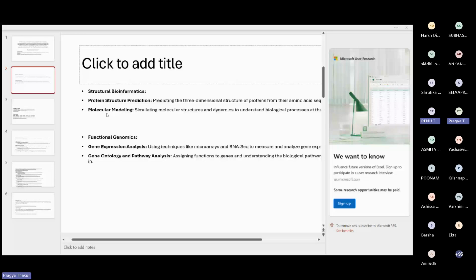Hello, ma'am. Yes, sir. Is that on the slide, data management? Because that slide is not visible here on the screen. Okay, it is not visible. Is it visible, sir? The structural bioinformatics, protein structure prediction slide is still on the screen. I think there is network lag. Is it visible right now? No. Okay.